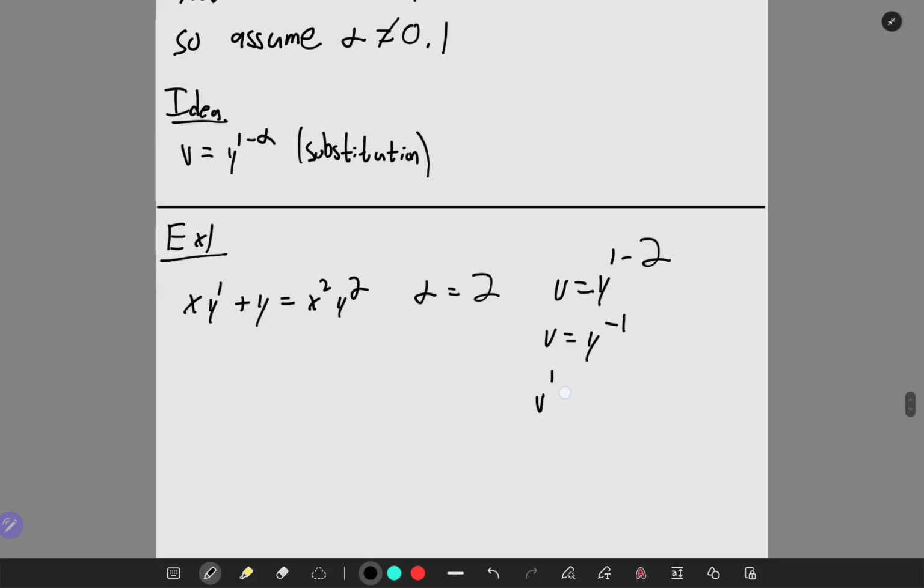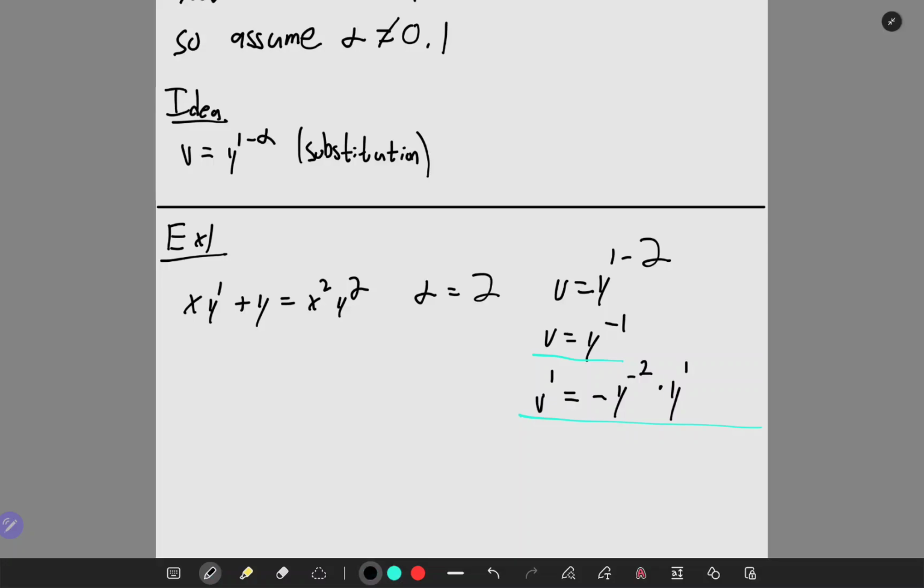You pull down the negative, this becomes y to the negative 2, and you multiply it by the derivative of the inside, which is just going to be y prime, because the derivative of y is y prime. So now we have v, and here's v prime.